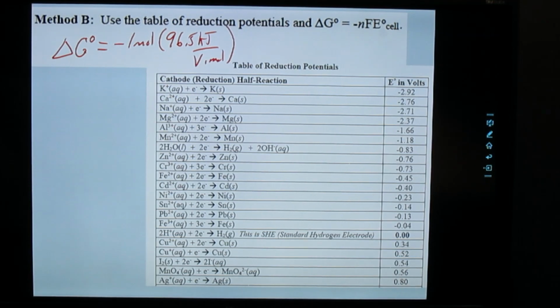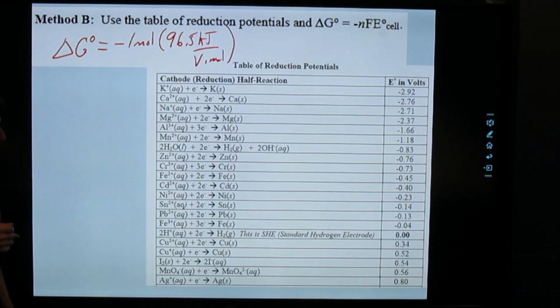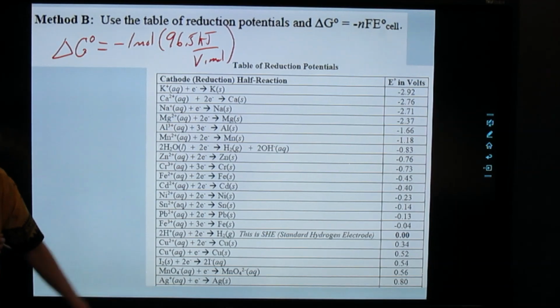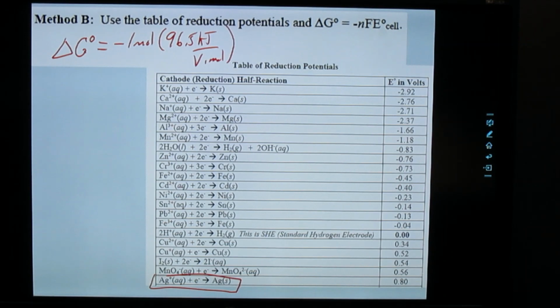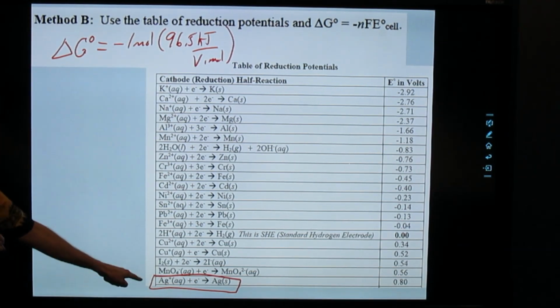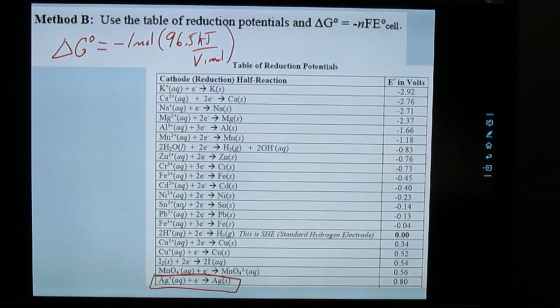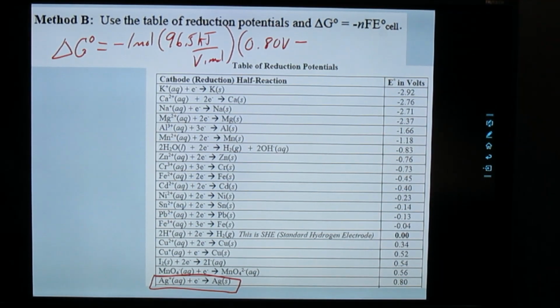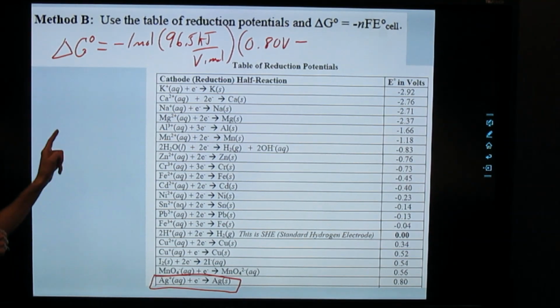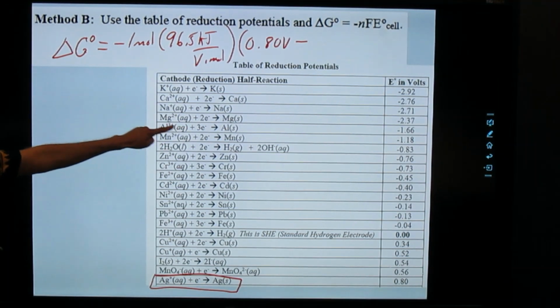And so, when we look at that shorthand notation of the cell, the silver is the cathode, so it's at the very bottom of my screen. So the voltage of this cell is the cathode, 0.8, I just take it right out of the table, minus the value of the anode.